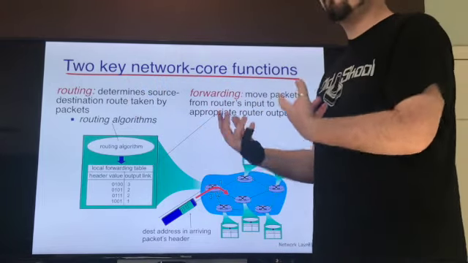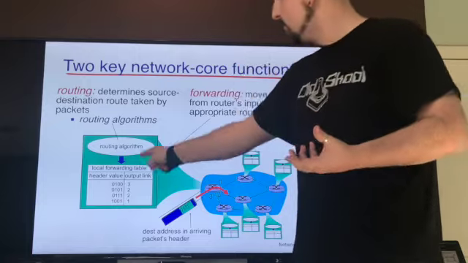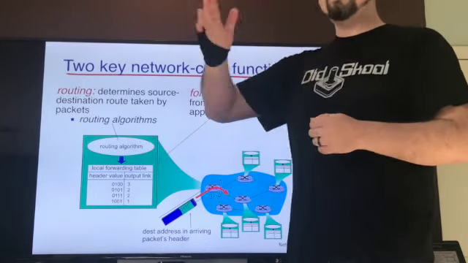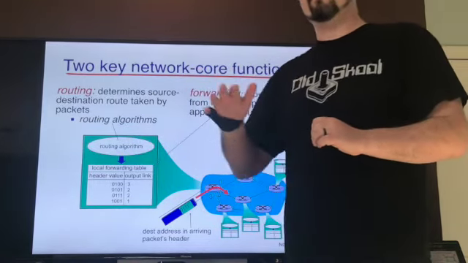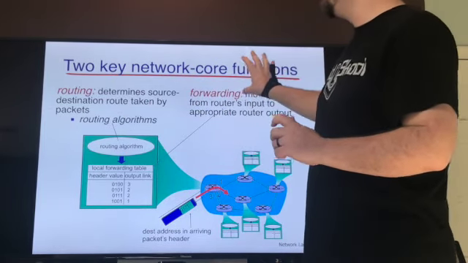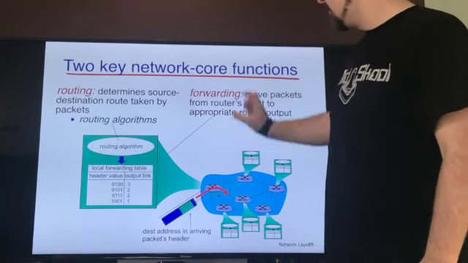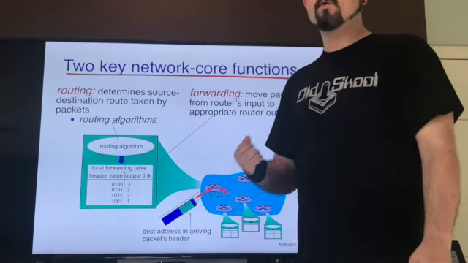So the process of forwarding is when you take a packet from one interface and you determine through the table what interface it should go out to. Okay, and that's the process of forwarding. So routing and forwarding are two completely different things, but they work together to constitute what a router does.